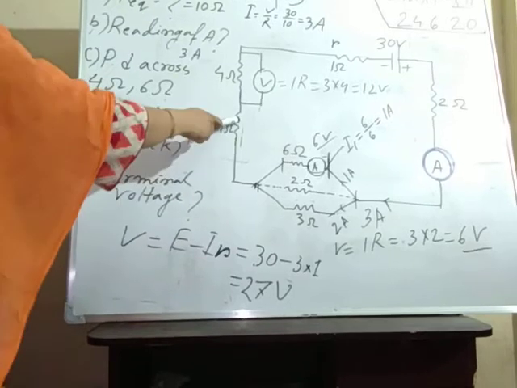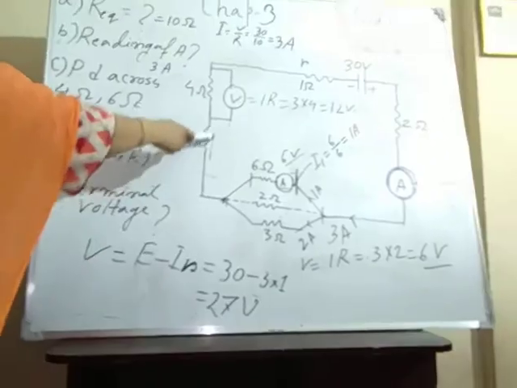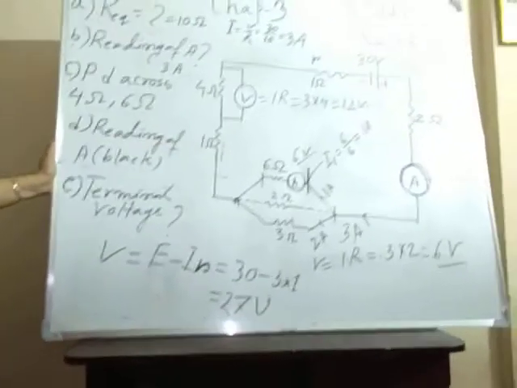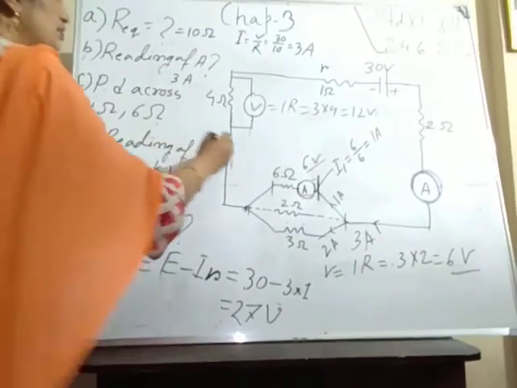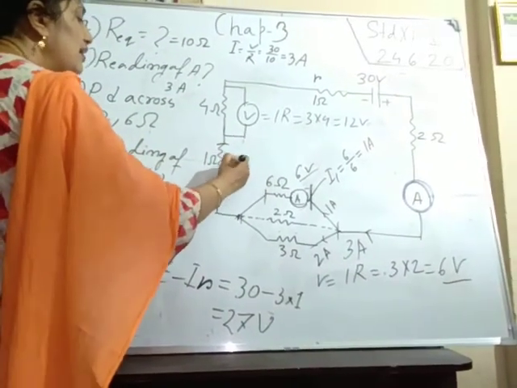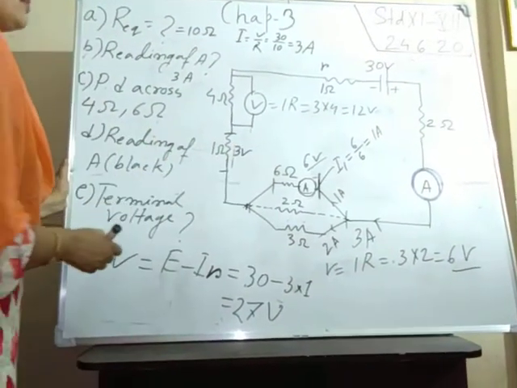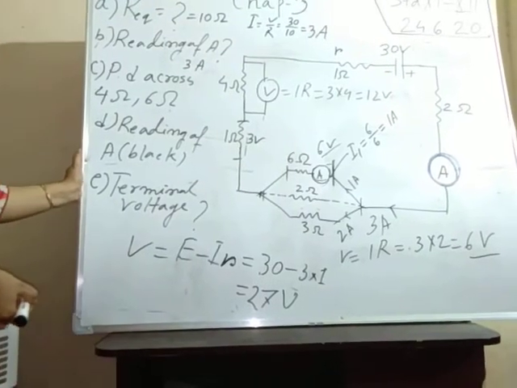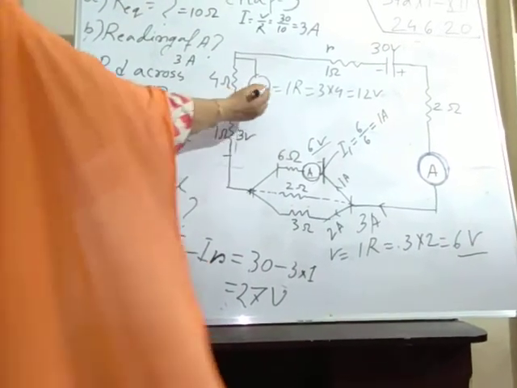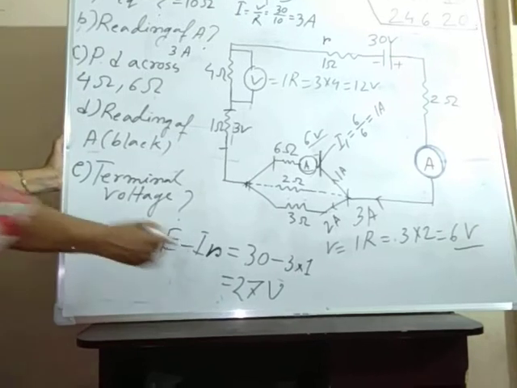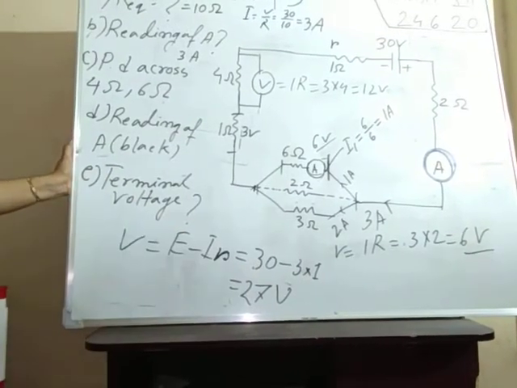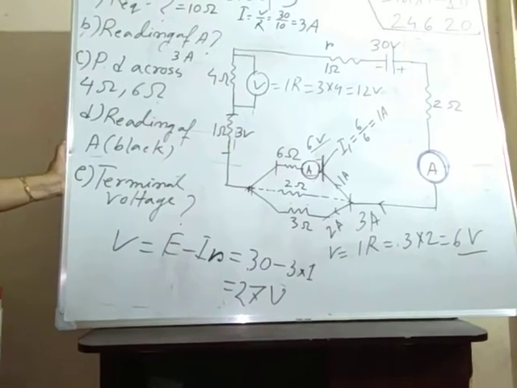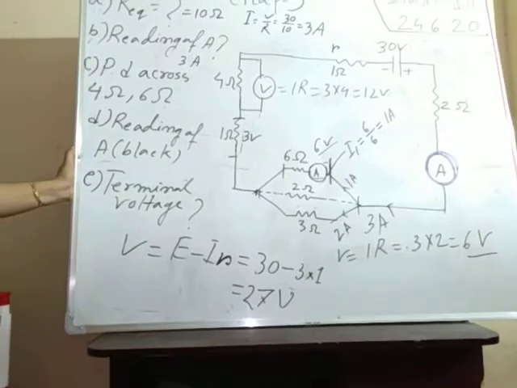Then here 3 ampere current passes through 1 ohm resistance, equal to IR. So here potential difference across this is 3 volt. So 12 plus 3 is 15, and here 12 is equal to 27 volt. It is proved. Now I will show you some other circuit.